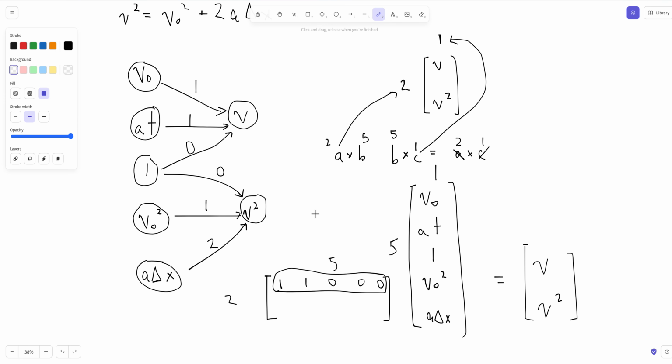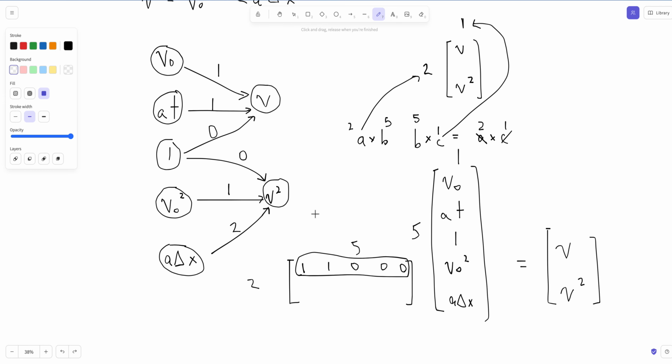Let's do the same thing for the next equation. Just as we can assume that over here we didn't draw an edge between V naught squared and V, that's a 0. Well, same thing for V naught and V squared. So we're going to put a 0 over here, because 0 times V naught makes the V naught contribution to V squared 0.